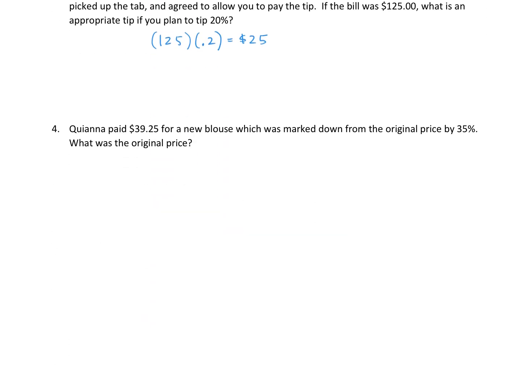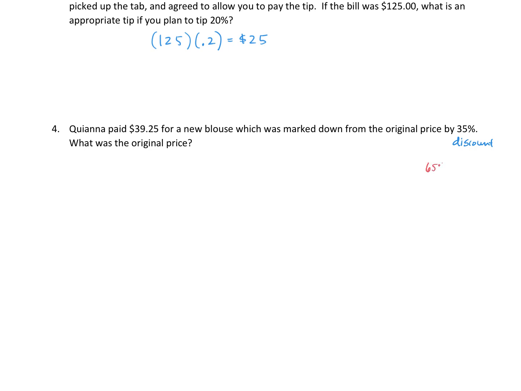In this case, we don't have the original amount. I would suggest looking at this in the way that I explained number 1. The 35% is how much it was marked down. So this is the discount. So 100% minus the 35% is 65%.